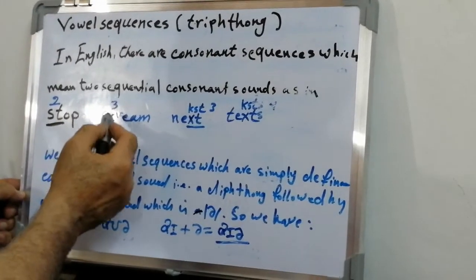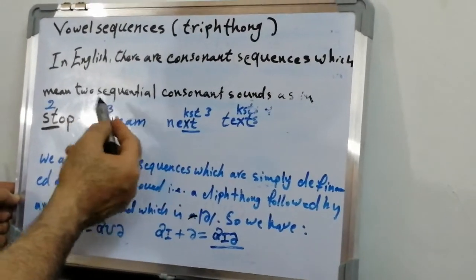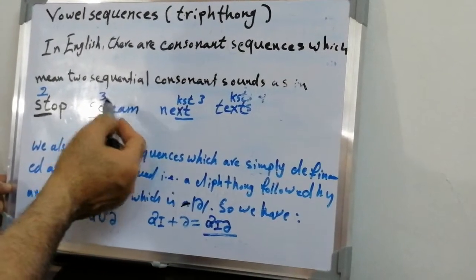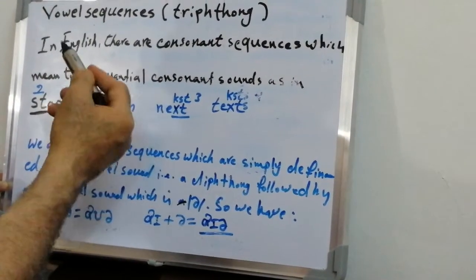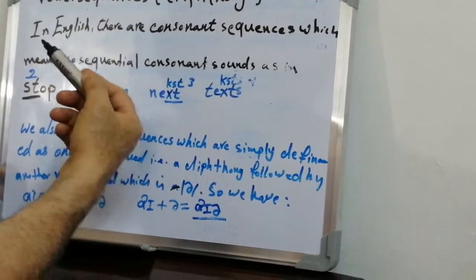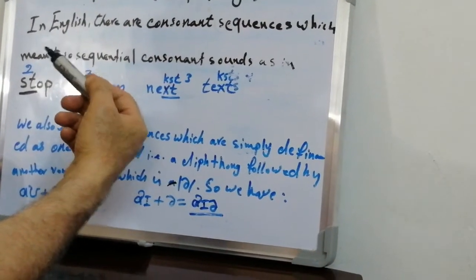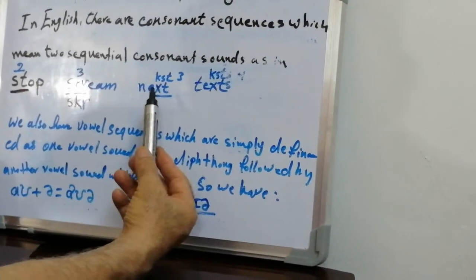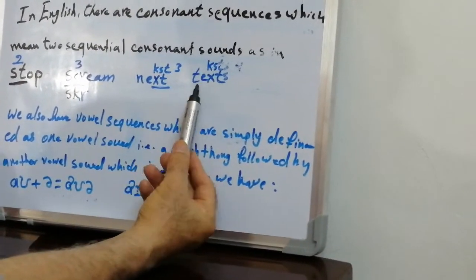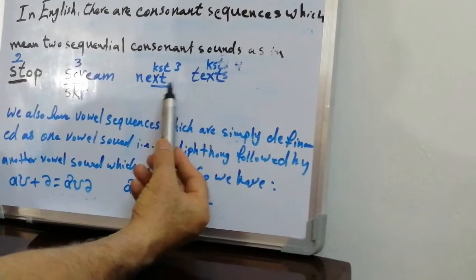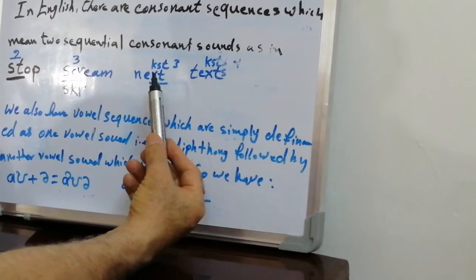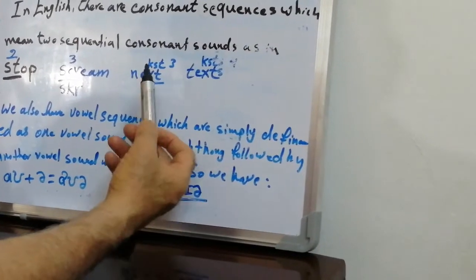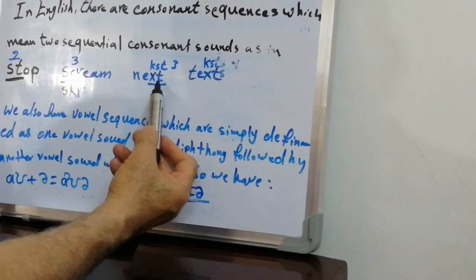The maximum number of consonants in an initial consonant cluster is three, whereas the number of consonants occurring finally can be three and four, like in the word next, N-E-X-T.